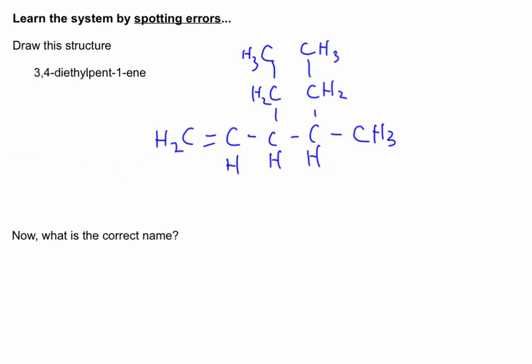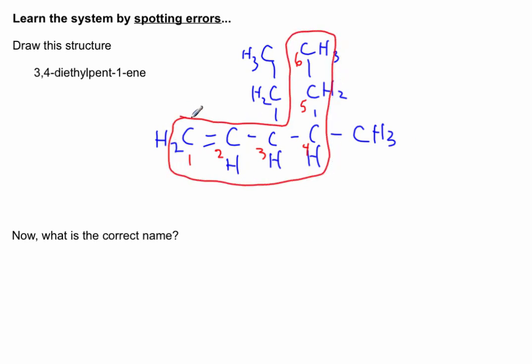Pent-1-ene, the bond position is minimized, but 1, 2, 3, 4, 5, 6. It's not a 5-carbon hydrocarbon, it's a 6-carbon chain. So there's my longest continuous chain, and so now I can renumber it, or rename it. So still a pent-1-ene, 1, 2, 3. On carbon 3 I have an ethyl group, and on carbon 4 I have a methyl group.